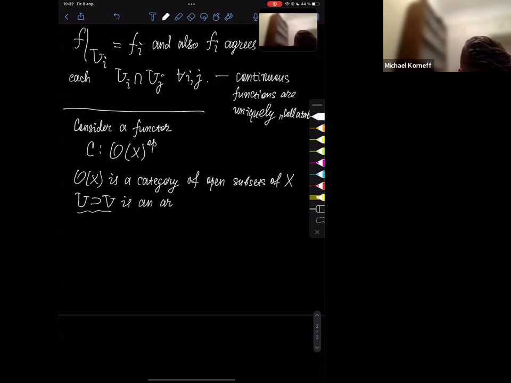Okay, and we have a functor from this category to the category of sets.